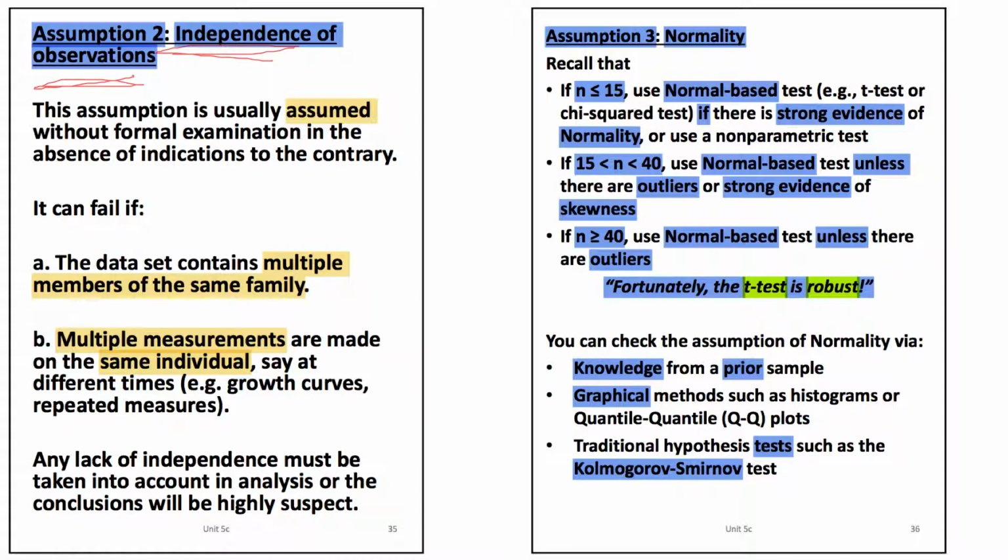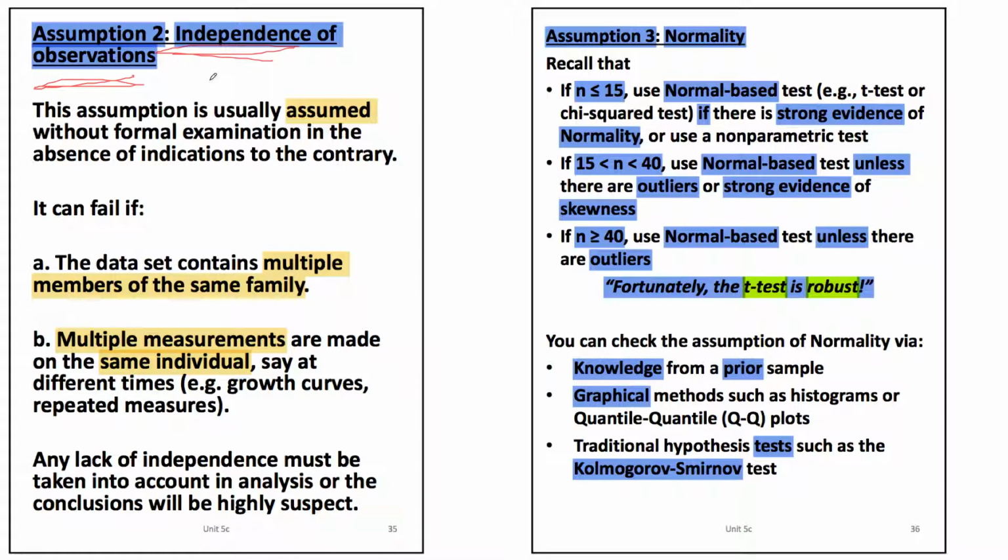Sometimes it's not really true, when the data contain multiple members from a family, or you are measuring the same person again and again, like before and after, or day 1, day 2, day 3 of my measurement, and then someone else. Any lack of independence must be taken into account in the analysis, or the conclusion will be highly suspect.